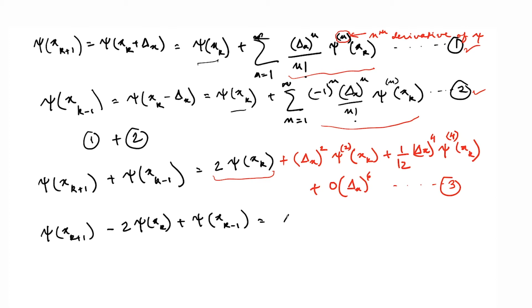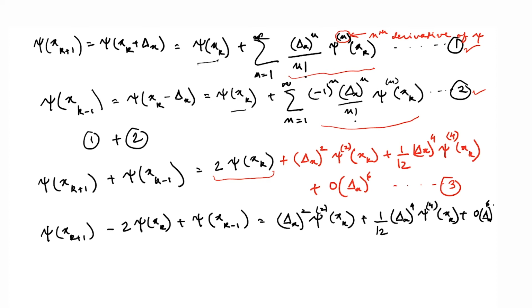This will be equal to delta x squared times the second derivative of psi at x_k, plus delta x to the power 4 by 12 times the fourth derivative of psi at x_k, plus some order delta x to the power 6 terms. Okay.